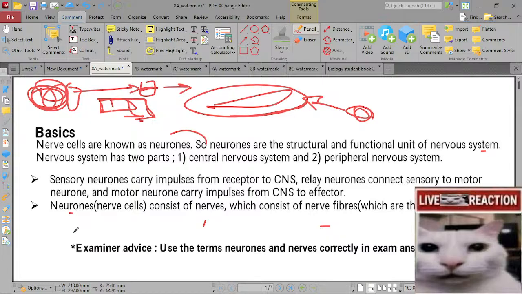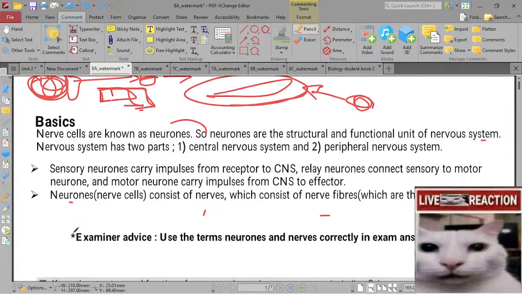Sensory neurons carry the neurons which consist of nerves, which consist of nerve fibers. And nerve fibers are the axon and dendrons, and neurons consist of nerves.